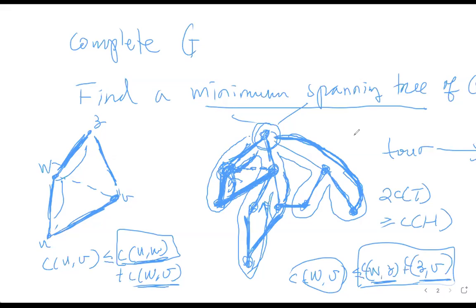So that is the observation that we made, and that is also the proof of why this is the case. So once we have that, then we know that we have an approximation algorithm for TSP with an approximation ratio of 2.